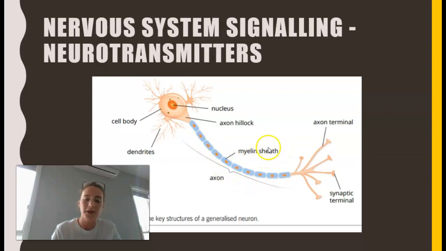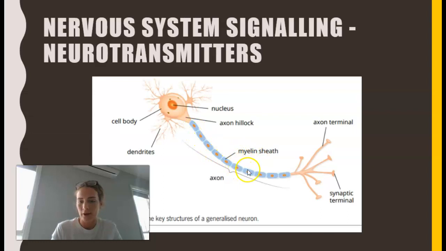Myelin sheath becomes important later on in our study because we'll look at a case where it deteriorates. And if you lose the myelin sheath around the axon, then that's where you start interrupting electrical signals and disrupting the nervous system. So it is an important structure and it will come up later.